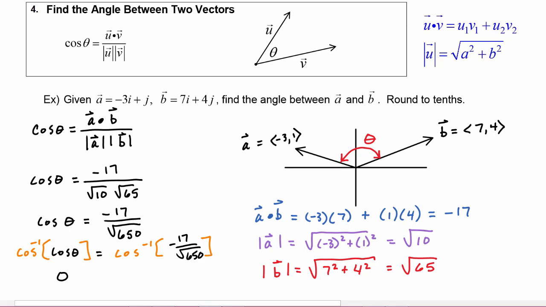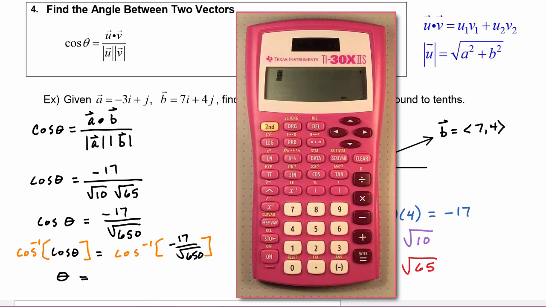The left-hand side becomes theta, and the right-hand side, we have to do secant inverse of negative 17 divided by radical 650, close the parenthesis of the radical, close the parenthesis of the cosine inverse, and we find out that the angle between them is 131.8 degrees.